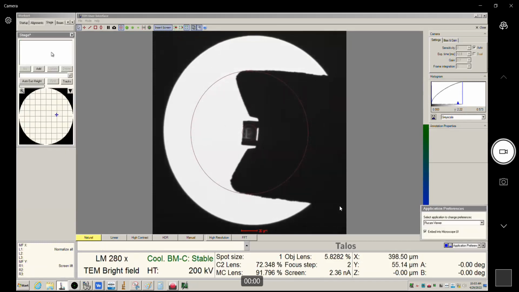You can come to the stage tab in the stage panel and just click add, and that will store the position. This will remember everything down here: X, Y, Z, alpha, beta. Obviously, we didn't set the eucentric height, or tilt to align to a zone axis.